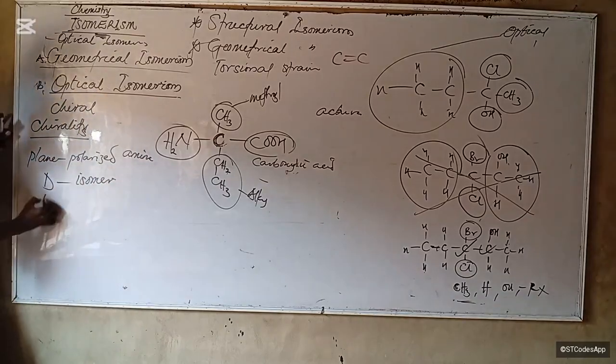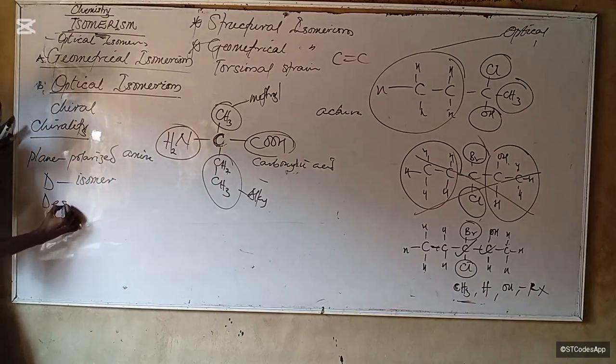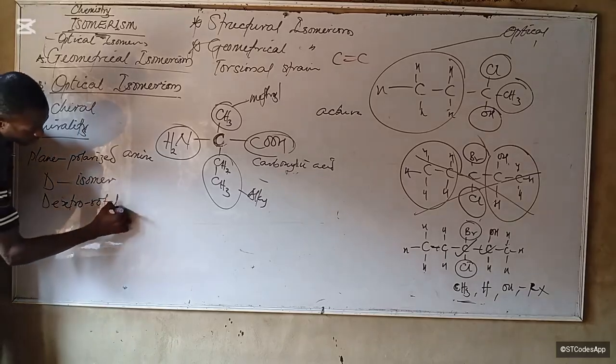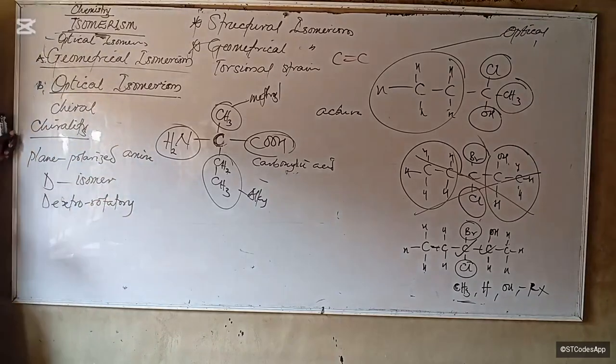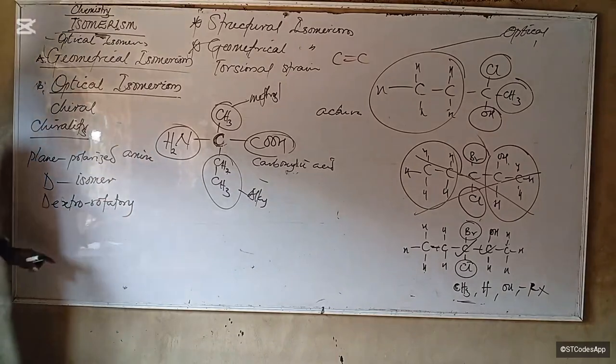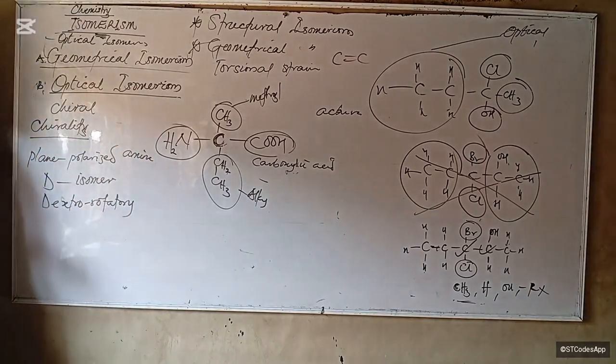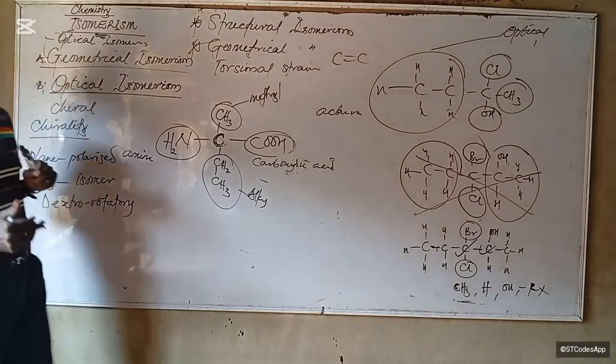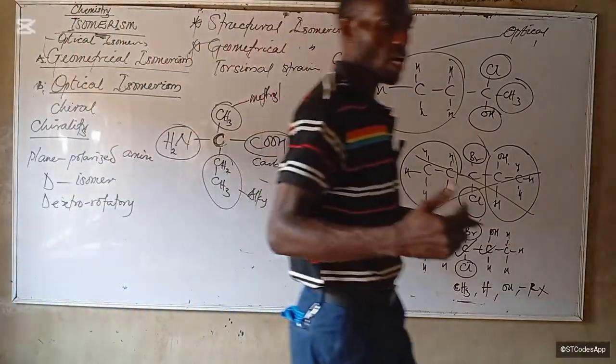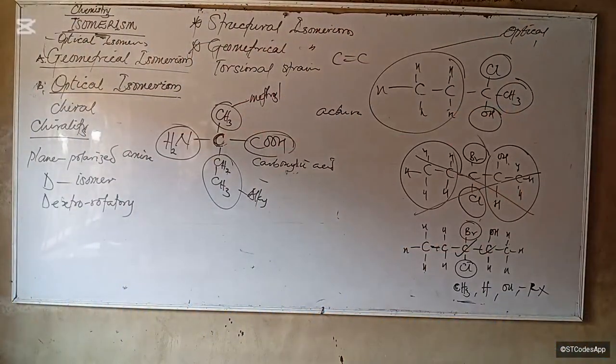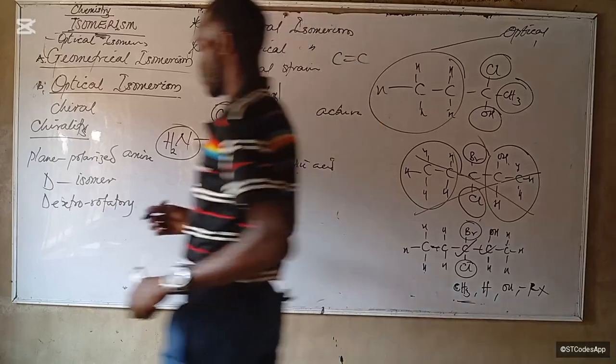In one, the heavy molecule will be rotated to the right, which is called the d-isomer, or the dextrorotatory structure. And in the other, the main functional group or the heavy molecule will be rotated to the left.